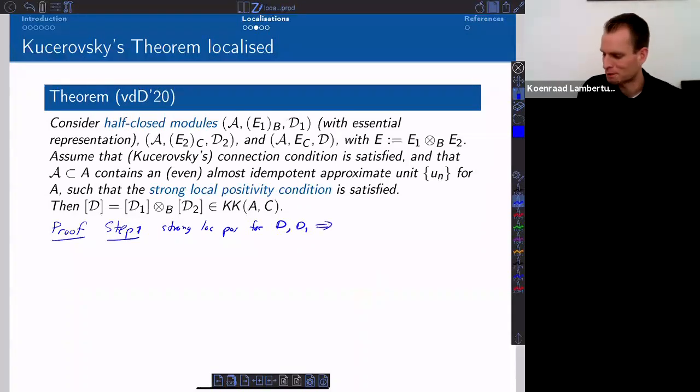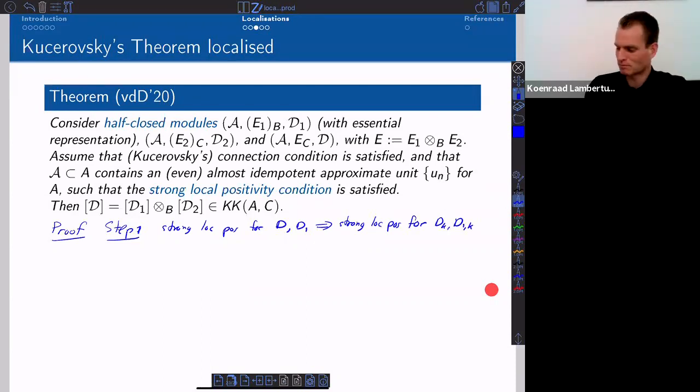The first thing you want to do is to check that we get a similar local positivity condition for the localized operators, so for D_K and D1_K, both D and D1 localized to some compact subset. And then once you have this for the localized operators, you want to check Kucerovsky's positivity condition for the bounded transforms of these localized operators.